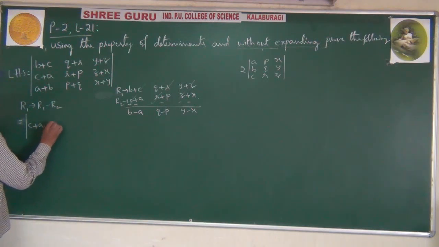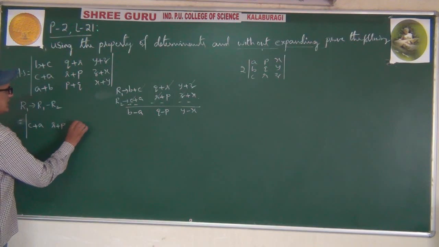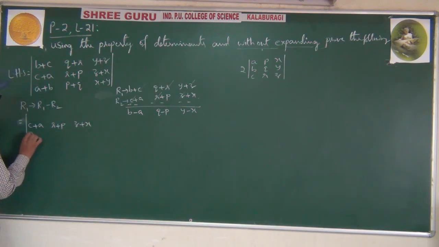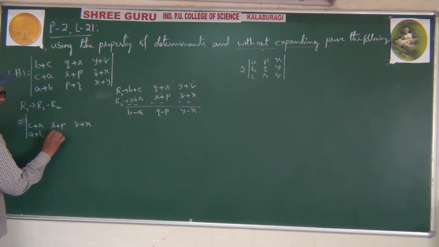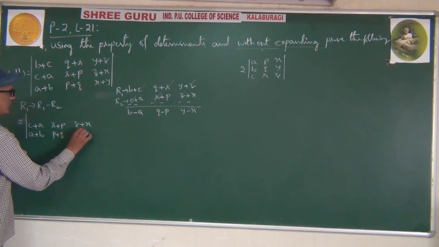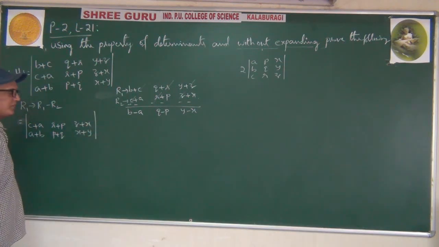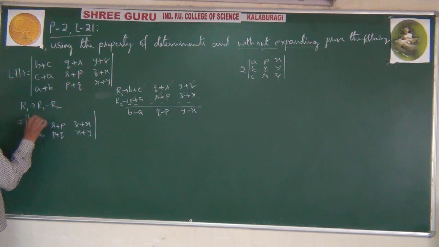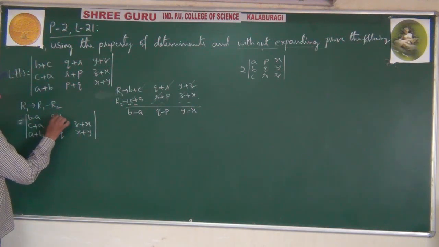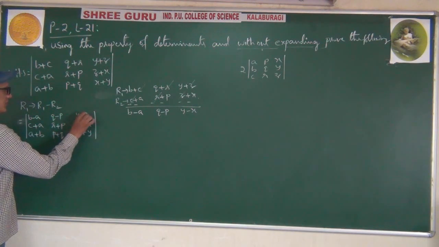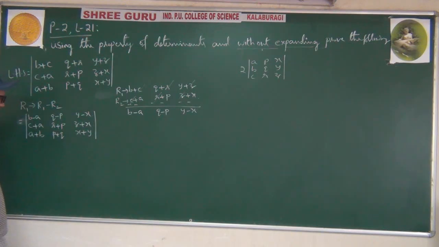Nothing happened to R2. Keep R2 as it is. B minus A, Q minus P, Y minus X.